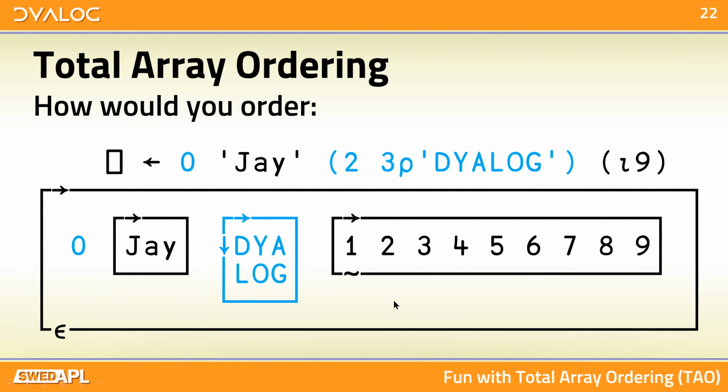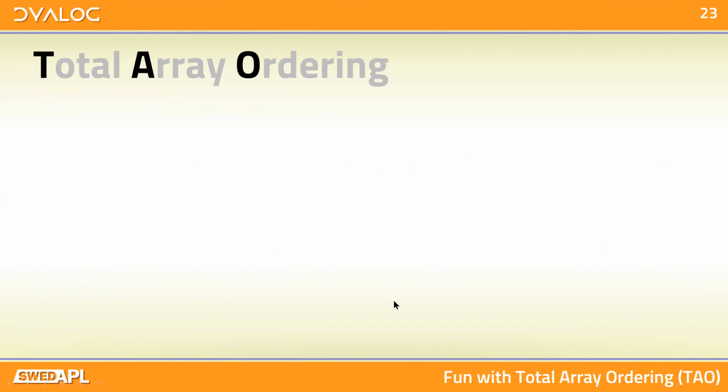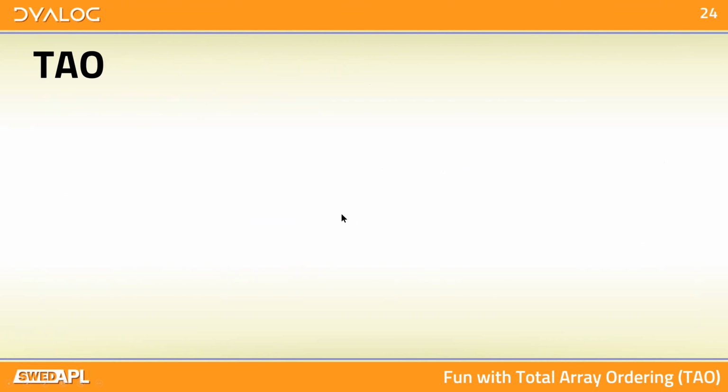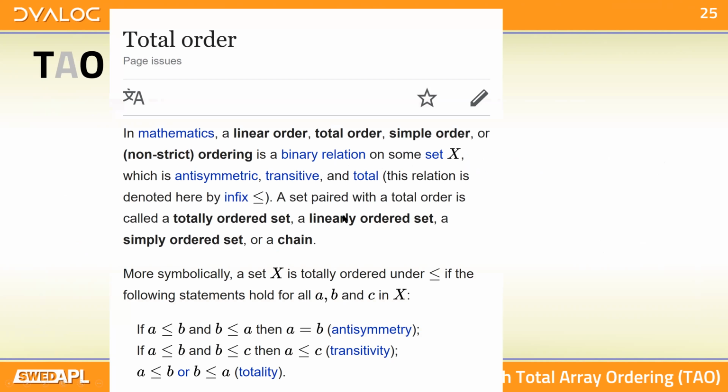And so that's what this is all about, the total array ordering. And from total array ordering, we got the abbreviation TAO. From there, we went way out there in the forest and Eastern philosophy and whatnot. But the name total array ordering, or TAO, comes from total order. Total order is a known concept in, I guess, mathematics or in set theory, ordered set theory.